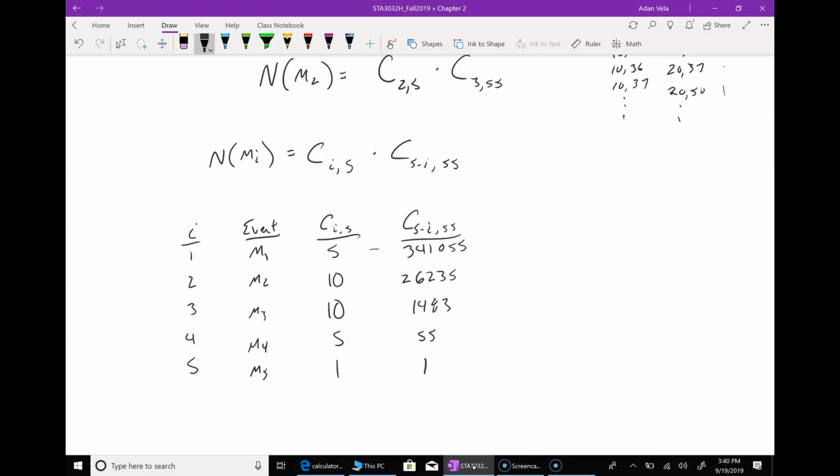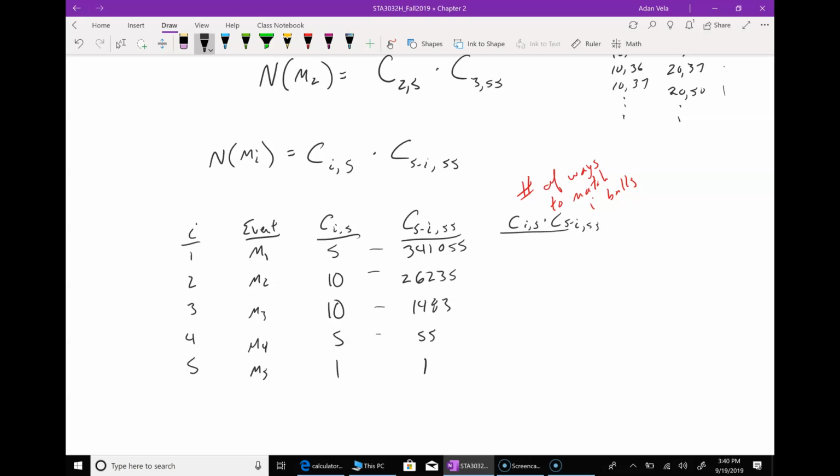And what we want to do is take the product of these, and so this final number gives us the number of ways to match i numbers, or match i balls.